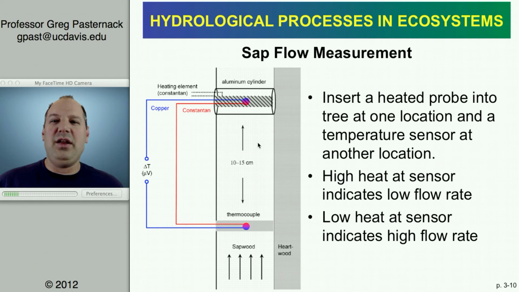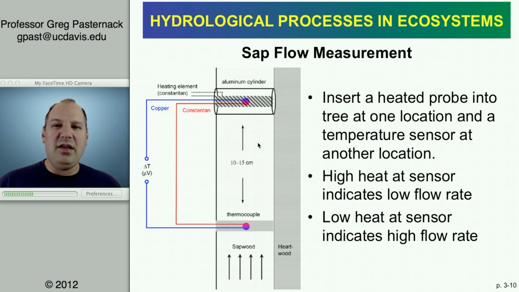You have to measure it in a more centralized location. Obviously, that centralized location would be where the whole tree is in one spot, and that would be in the trunk. So if we think about the flow of water through the xylem, we know that it's moving from the roots up to the branches, and we can insert a probe there and try to make a measurement.